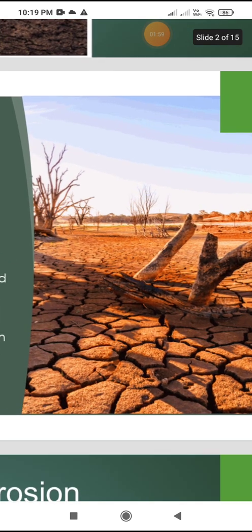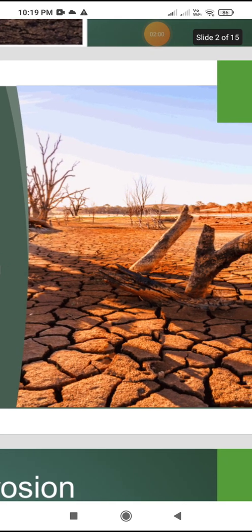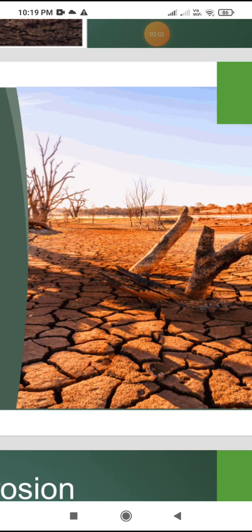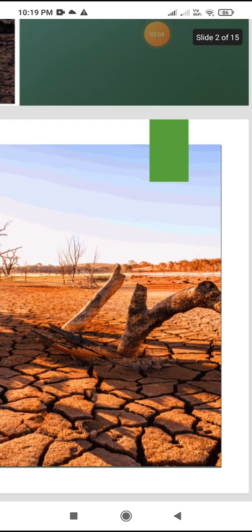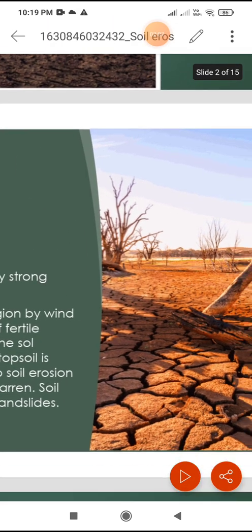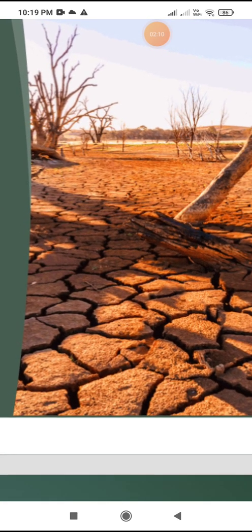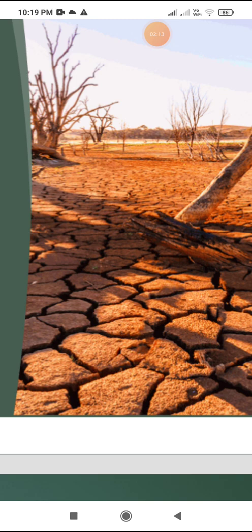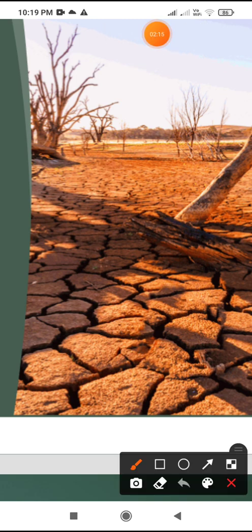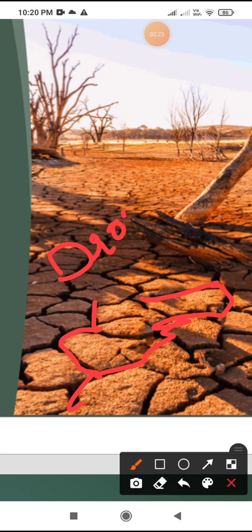Okay, you can see the image here. It's showing a dried land. When a drought occurs, you are able to see how the land appears full of cracks. So these cracks show a drought condition.